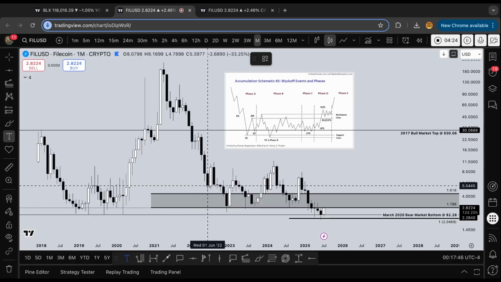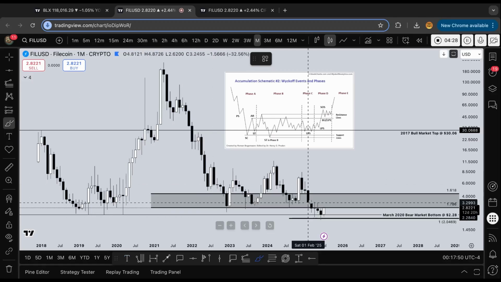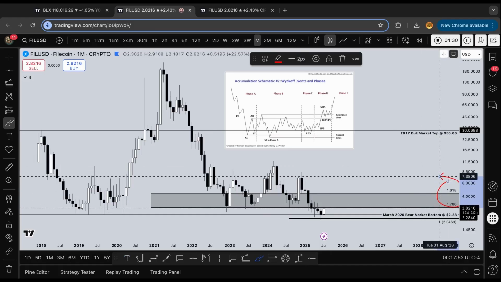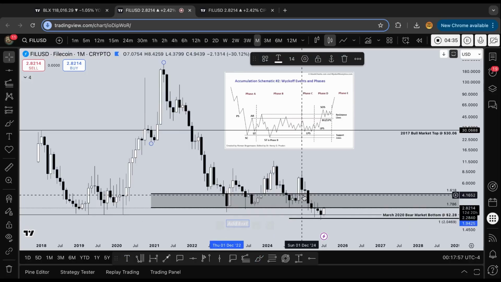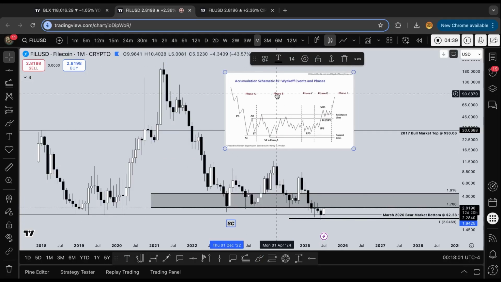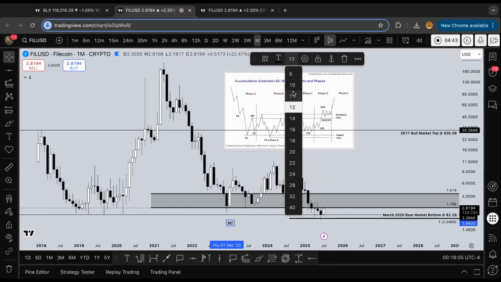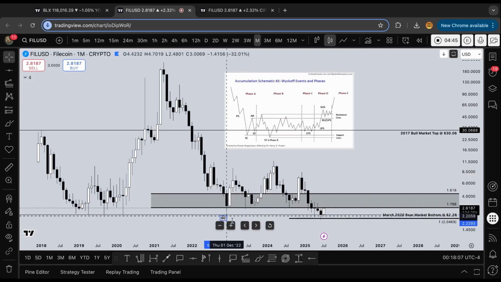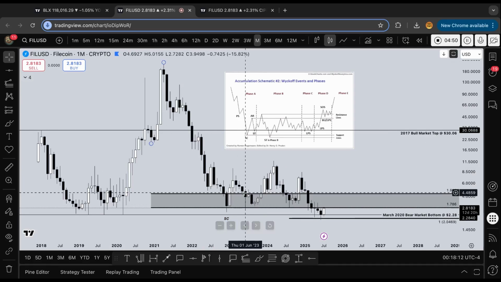So the first test of the Fibonacci ratio, the 1.618 to 1.786 Fibonacci retracement, we can label that as a selling climax, or SC. Now, as you can see in the Wyckoff schematic, we obviously have a dead cat bounce.